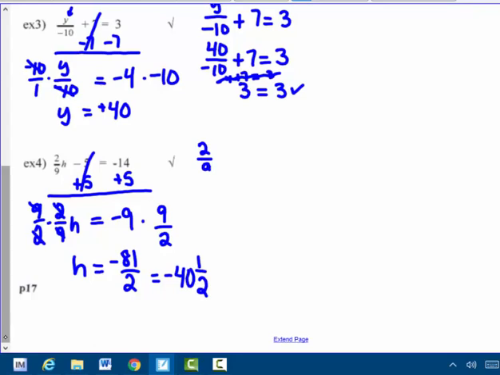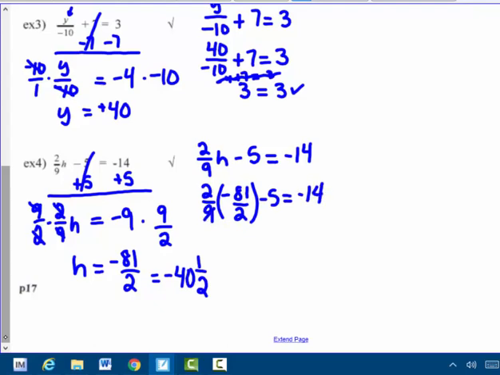So 2/9 h, rewriting the original equation, just like it looks. Going to replace my h, 2/9 times negative 81/2 minus 5, does that equal negative 14? Well, 9 can go into that 81, which is why I'm putting the improper in.